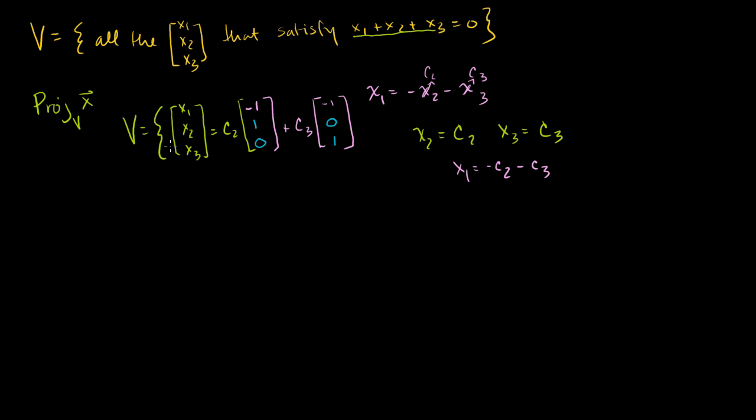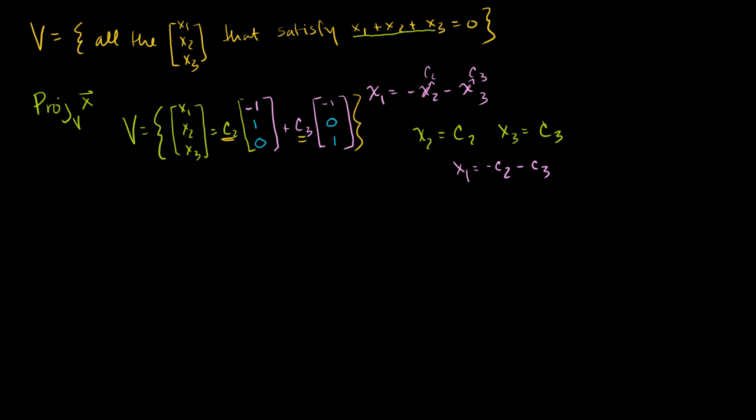And so this is another way of defining our subspace. All of the vectors that satisfy this are equal to this definition here. It's all the vectors whose entries lie in that plane, for any real numbers c2 and c3.